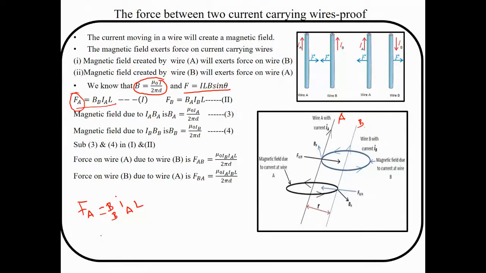Likewise, if you want to find the magnetic force on the second wire, this wire B has the current IB and the length L, but what affects the second wire is the magnetic field of the first wire. That's what gives us this relation. Now, this is my first equation, this is my second equation, and we directly substitute the value in this equation.